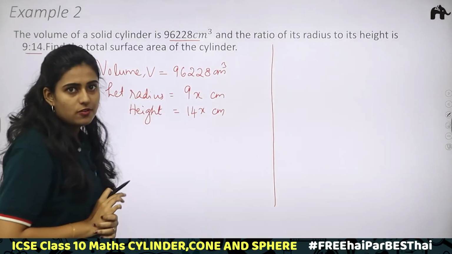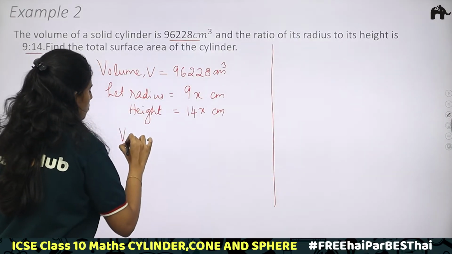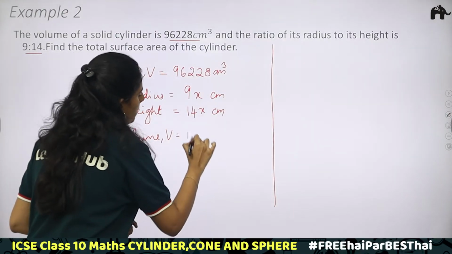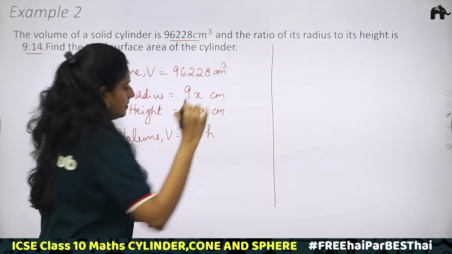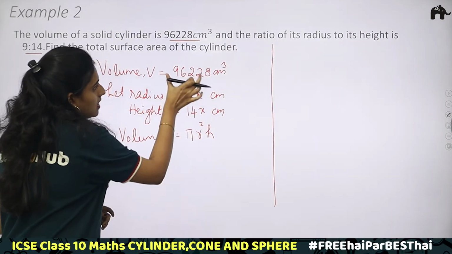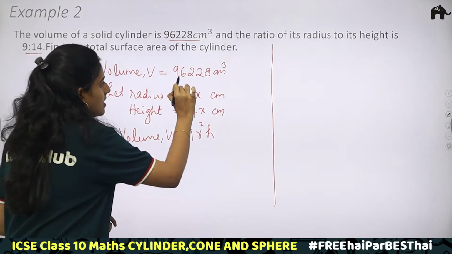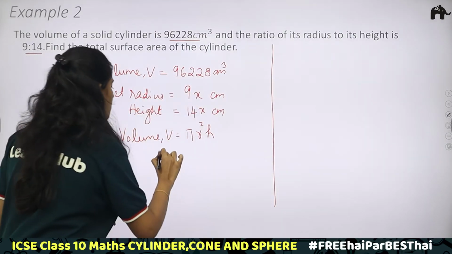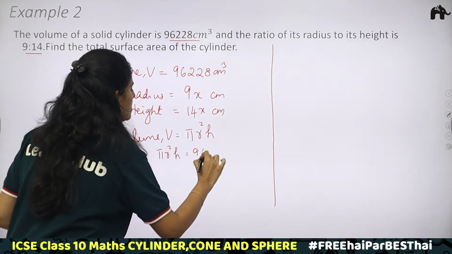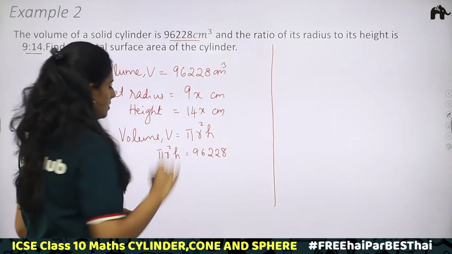What is the volume of a cylinder? Volume V is equal to pi r square h. Yes. So, pi r square h value we have, that is 96,228. Pi r square h is equal to 96,228.